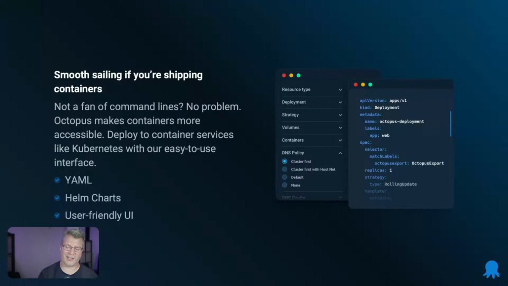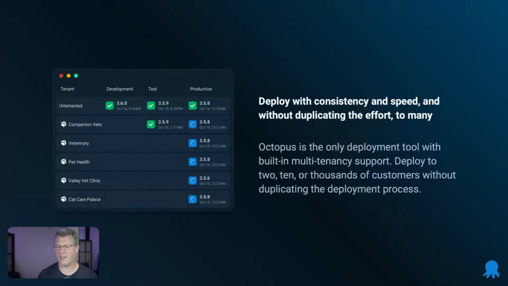We actually have a Helm chart that allows you to deploy Octopus to a Kubernetes cluster if you're so inclined. And a really important feature worth mentioning is multi-tenancy. This is a feature that a lot of customers, when they've used the product for a while, really get to use a lot and love. Multi-tenancy is the one feature that most customers cite when asked, what is your favorite feature of Octopus? Multi-tenancy is the ability to define tenants that define your different deployment scenarios for a particular application.